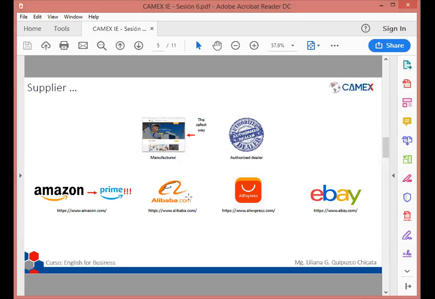Okay, and now the other option is Amazon. Maybe you know Amazon. It is also a web page, and they also have an app where you can buy from other sellers. Not only new products but also used products at a very good price.